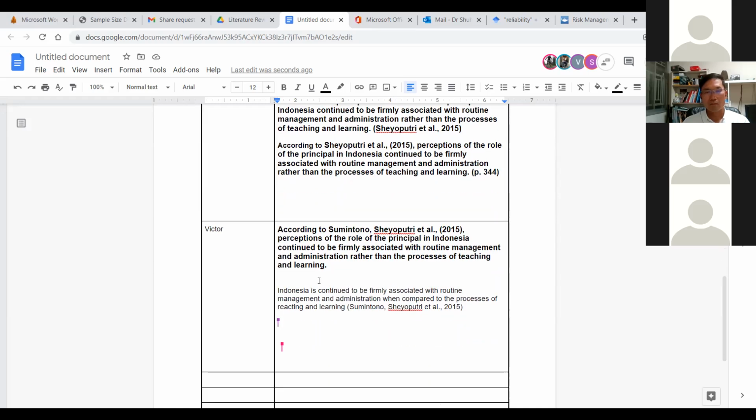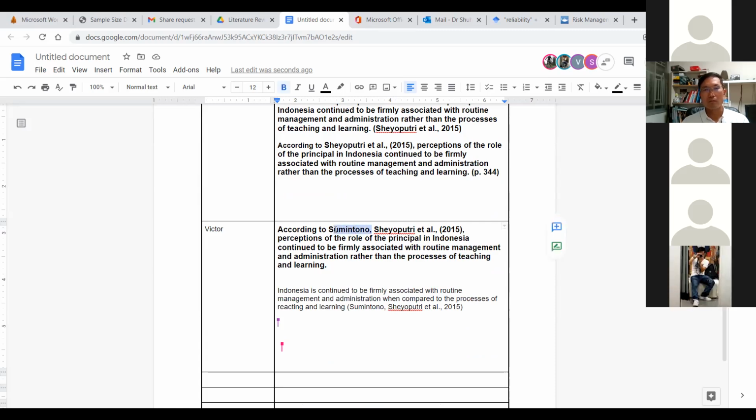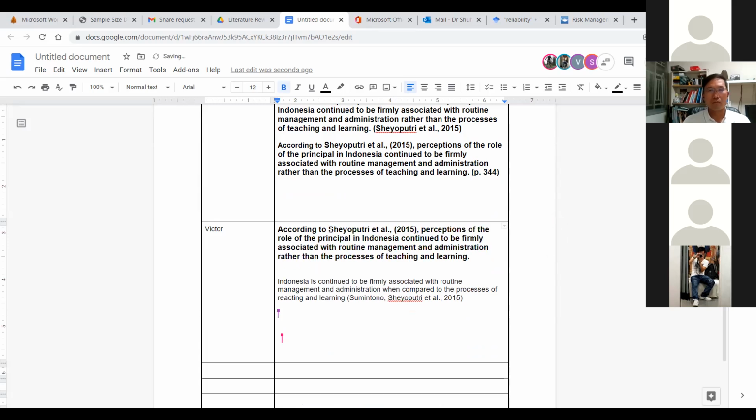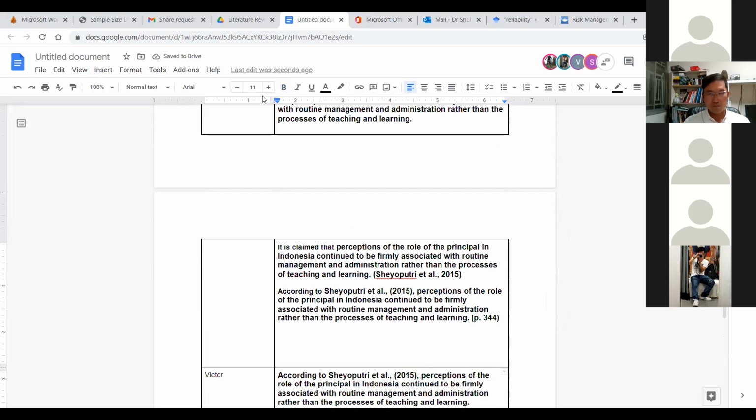According to Shaipu 3, no, you cannot put 2. You need to put either one, Victor. The rest is okay. Number 1. Number 2, Victor wrote, Indonesia is continued to be firmly associated with the routine management. Again, the reference is wrong. It has to be Shaipu 3 only. One author is enough.